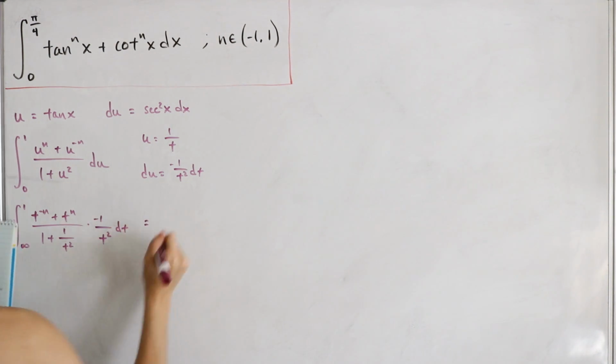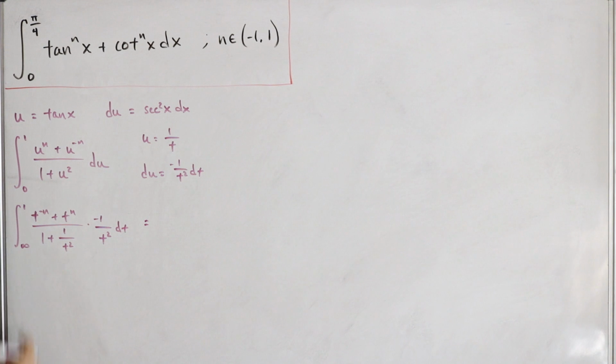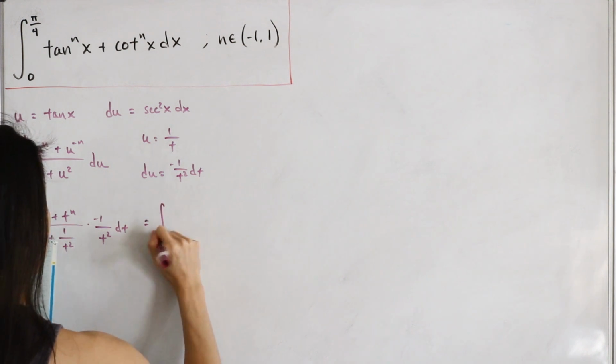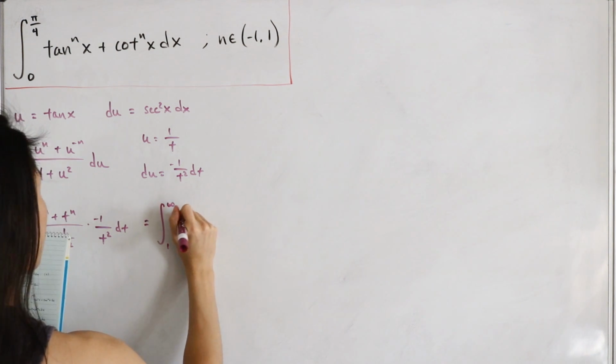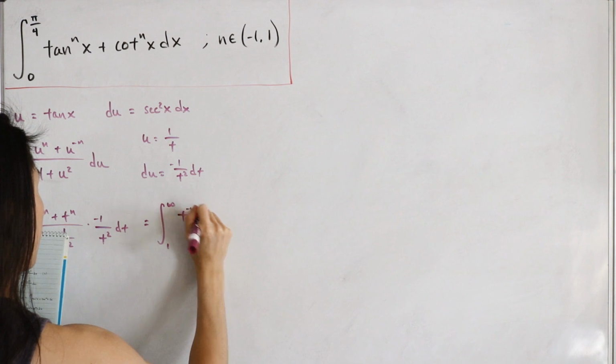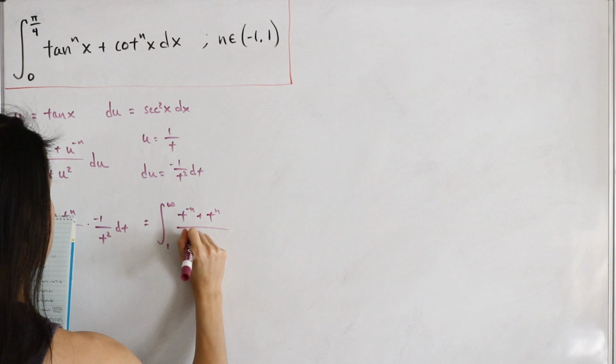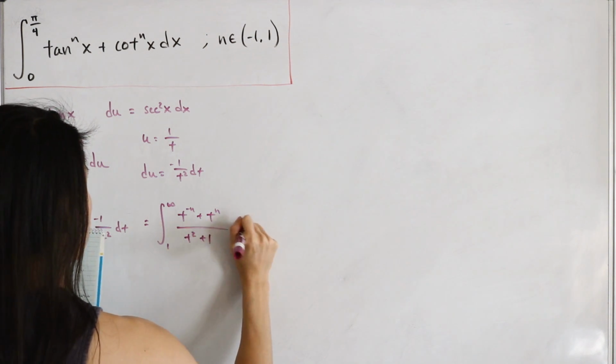We can simplify this such that if I switch the bounds, that's going to be negative, but then that negative cancels itself, and then I'll multiply the t squared back in. So now we have our new integral of 1 to infinity of t to the power -n plus t to the power n, divided by t squared plus 1, dt.